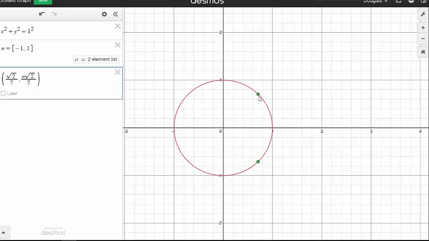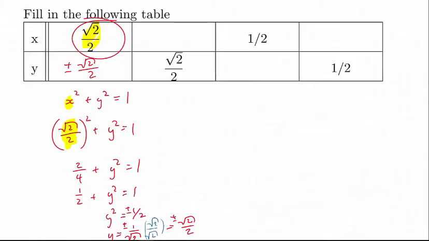Right, so those are our 2 points. We have one here, we have one there. Note that they are right on top of each other because they both share the exact same x coordinate. And so we have a nice symmetry here about the x-axis.